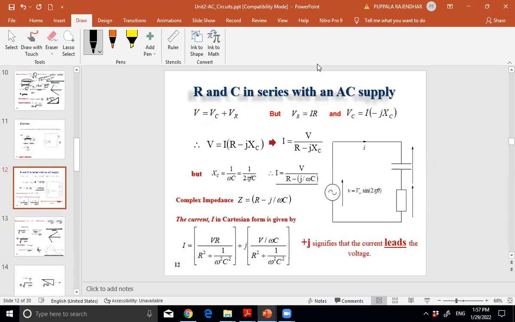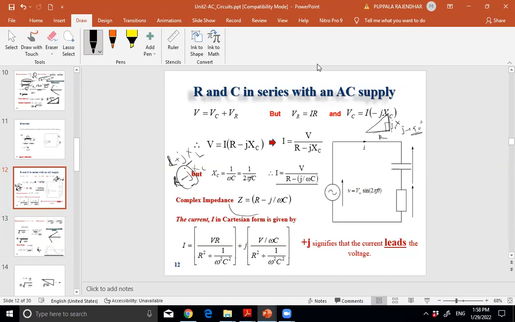So for the capacitor, we'll get I is equal to V by R minus j XC, whereas in case of the inductor it was R plus j XL, because of the leading and lagging angles. j is just a representation for a 90 degrees phase shift.